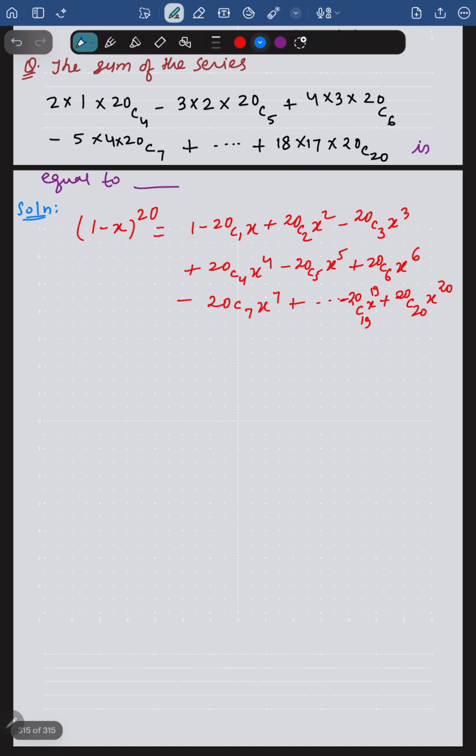So we will divide the above expression by x square, both sides. That is very clear.